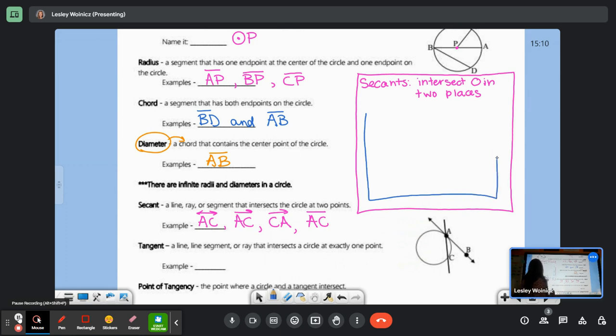Is this making sense? Inside of the big box of secants, some of our secants are chords, specifically segments with endpoints on the circle.